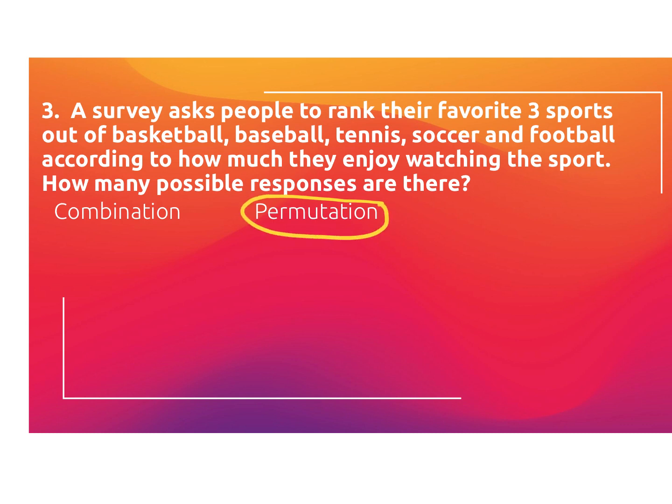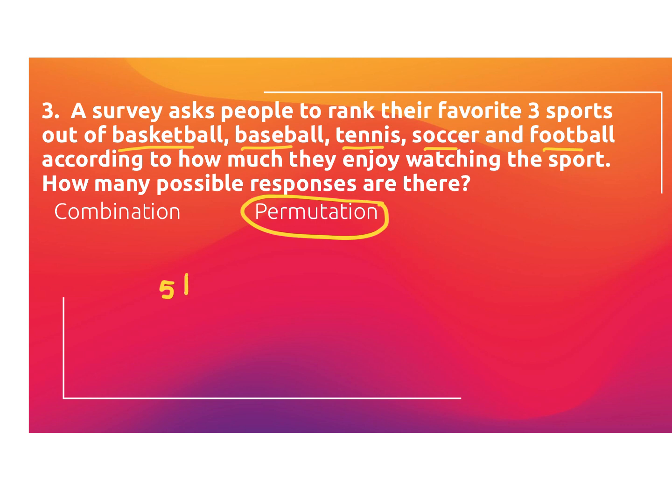Okay, so now we have to decide what our numbers are going to be. So we have basketball, baseball, tennis, soccer, and football. Those are the sports that I have. So I have 1, 2, 3, 4, 5 different sports. So my total is those 5 sports. And I want to rank my 3 favorite ones.